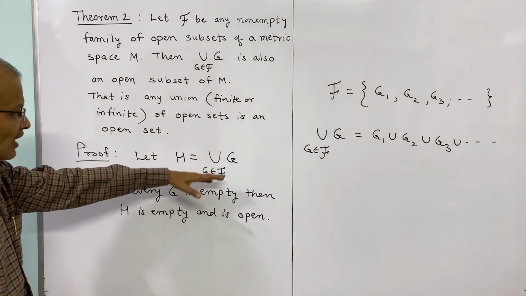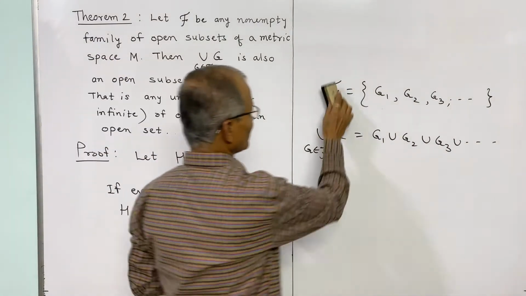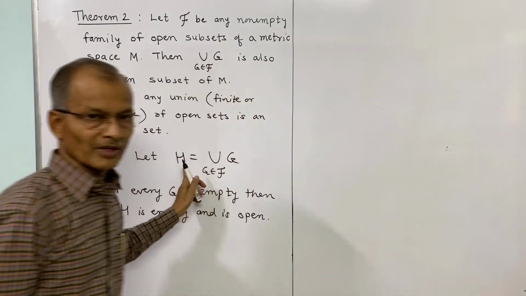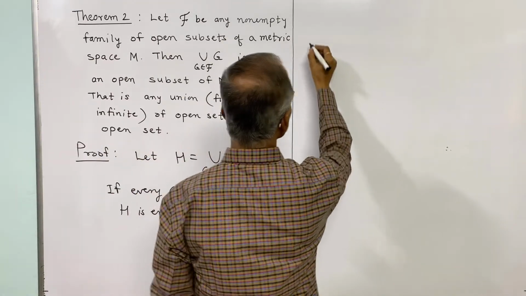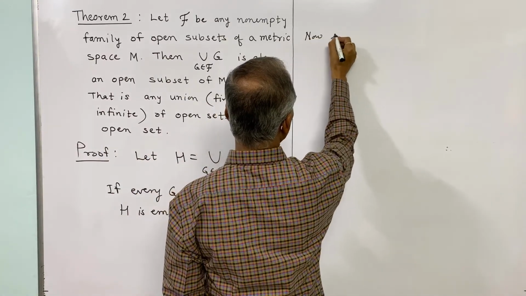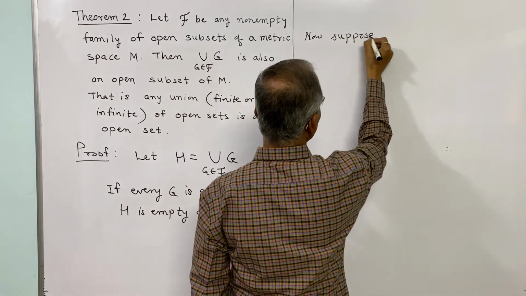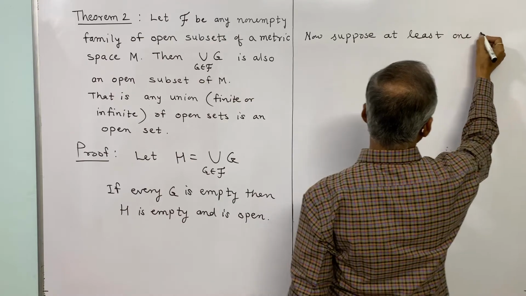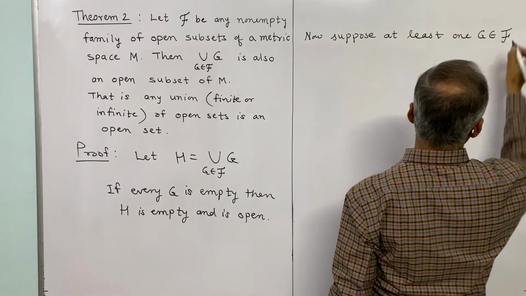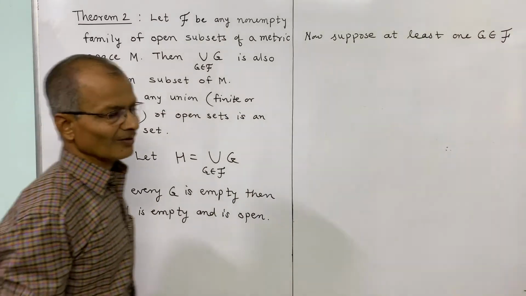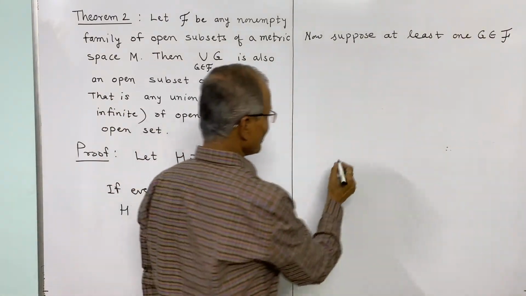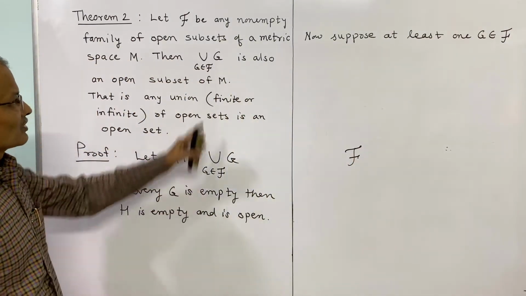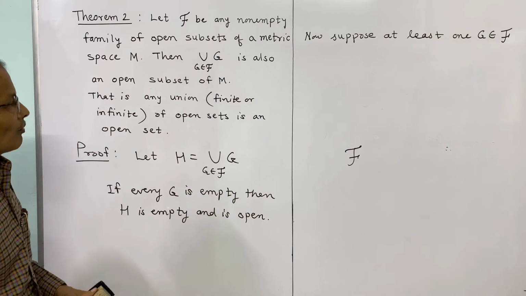Now suppose at least one G in this collection is not empty; then H will not be empty. We are using different symbols, and here script F denotes this family of open subsets.